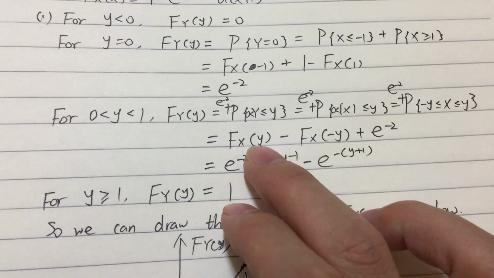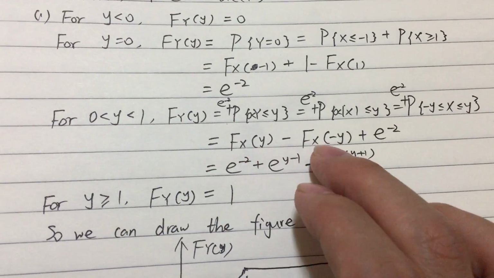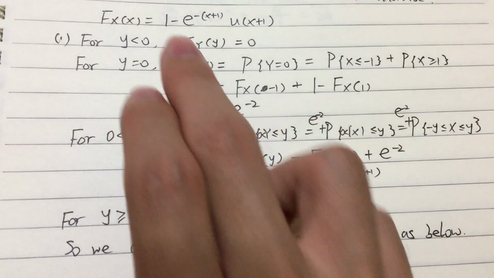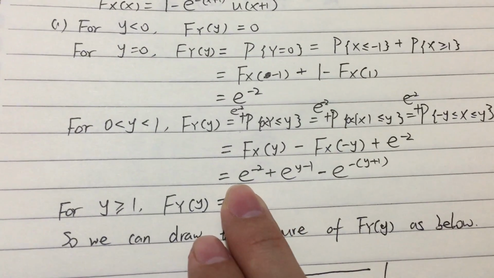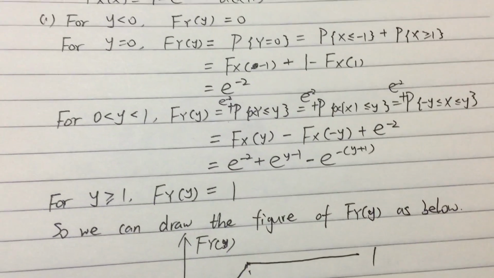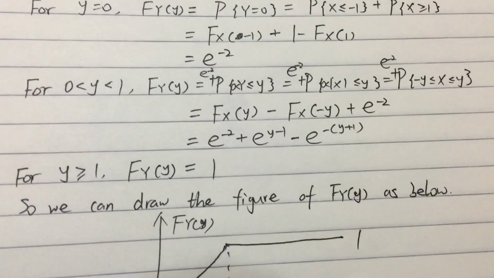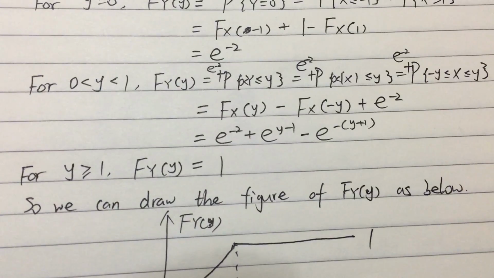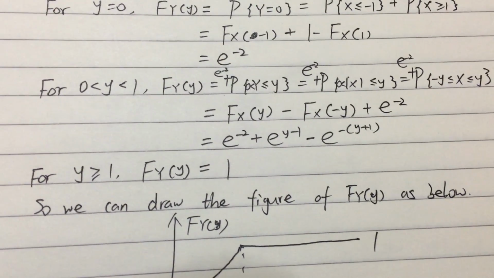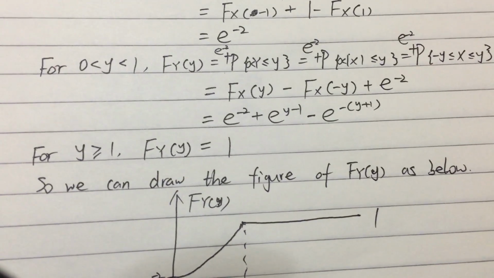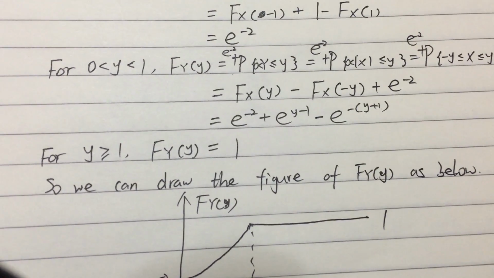So we can also put y and minus y into the function we've solved before and get the result e^(-2) plus e^(y-1) minus e^(-y-1). And this is for y between 0 and 1.